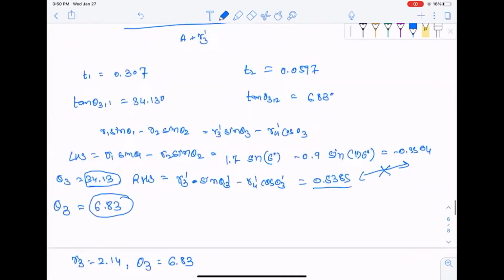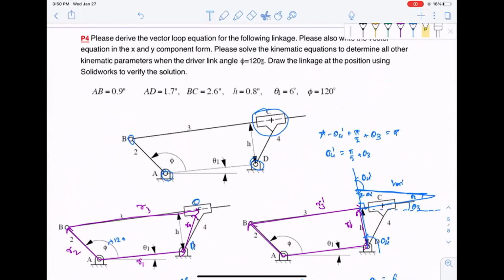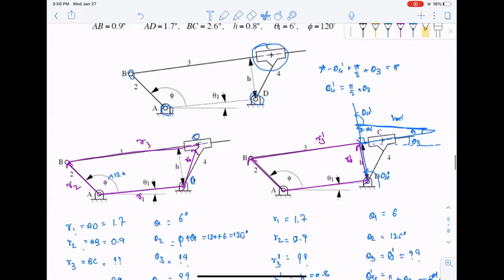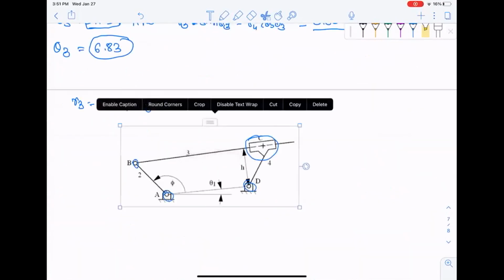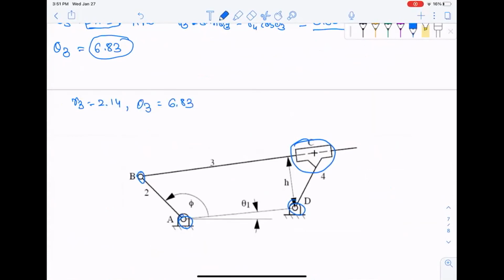Now we have to find the value of r4 and theta 4. I'm going to write this equation, copy this figure again, and work on finding the value of r4 and theta 4. So this is my r3 dash, and this is my r3 minus r3 dash, that is 2.6 minus 2.14, which is 0.44. The value of h is 0.8.